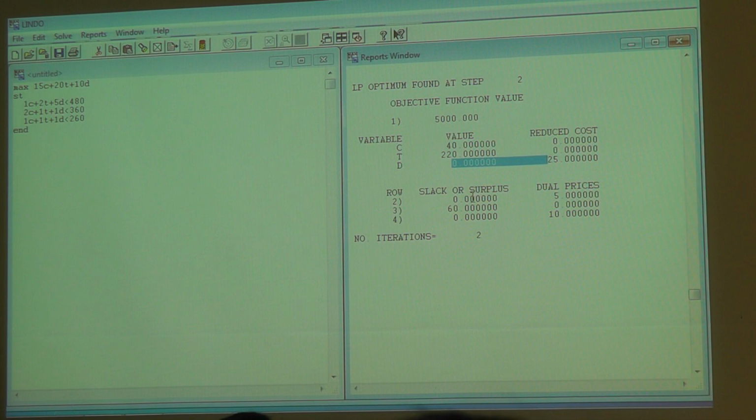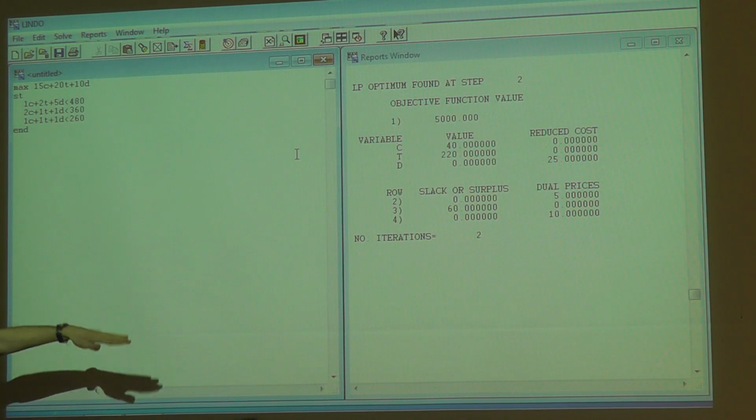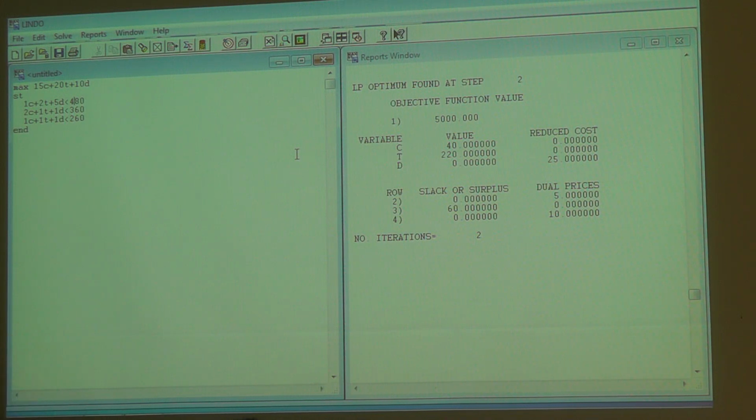We have some information about resources. Unfortunately, this 0 is a slack of some resource, and it is the resource which appears in row number 2. Right now I can understand that this is row number 1, this is row number 2, so it's probably the one that corresponded to wood. It will become much less convenient to count the numbers in an actual long problem, so there is an option to add a name to a constraint.